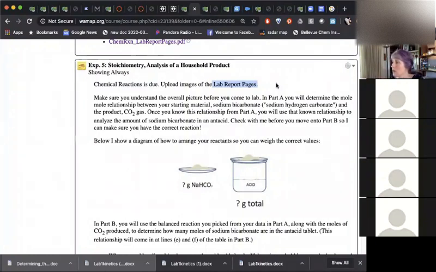Okay, so this lab, the stoichiometry lab, has 2 parts. In part A, we're going to do a reaction, and we're going to decide which chemical equation governs that process. We have 3 choices, and we're going to figure out which one governs by measuring how much sodium bicarbonate we start with, and then measuring how much CO2 gas is lost.